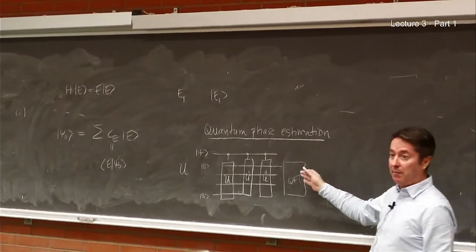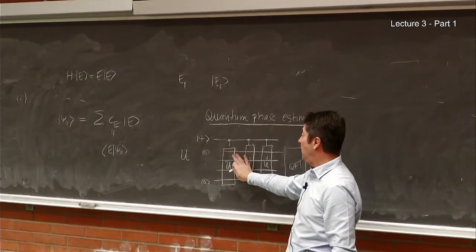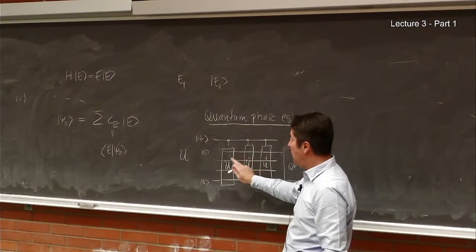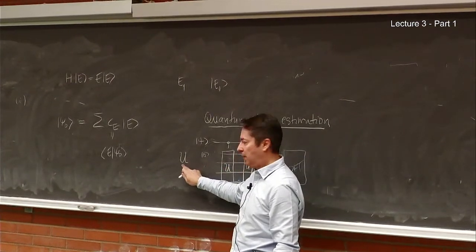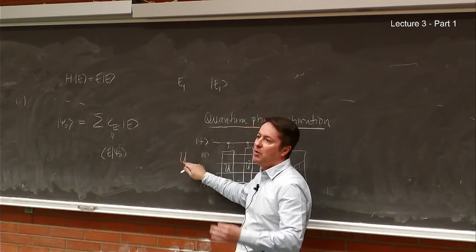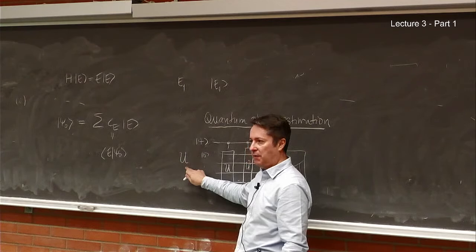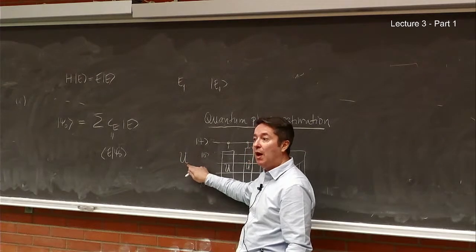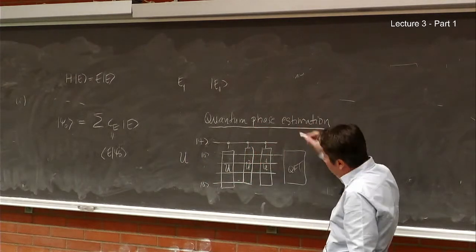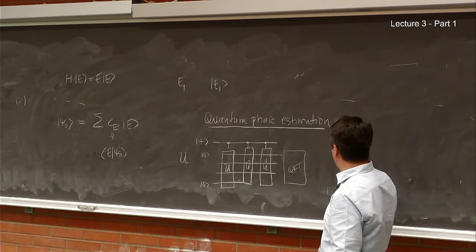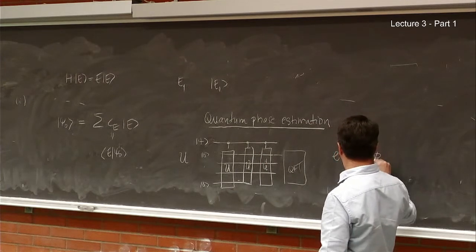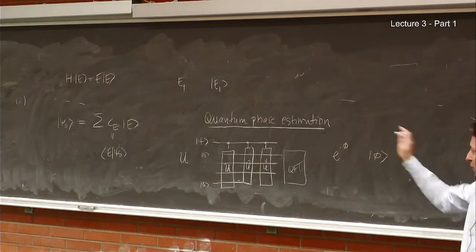And as a result, if you have sufficiently many qubits, you will end up projecting into one of the eigenstates of these U's, and you can get from there also the eigenvalue e to the i phi with probability in the state phi. So that's the quantum phase estimation.